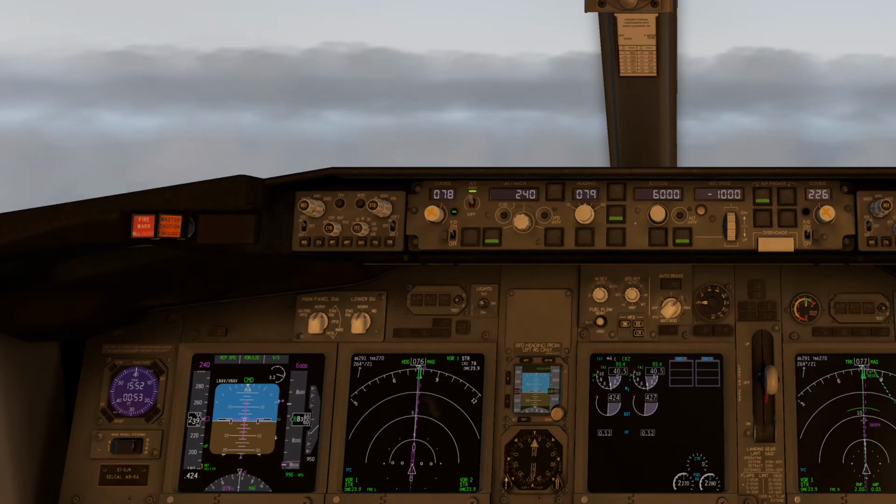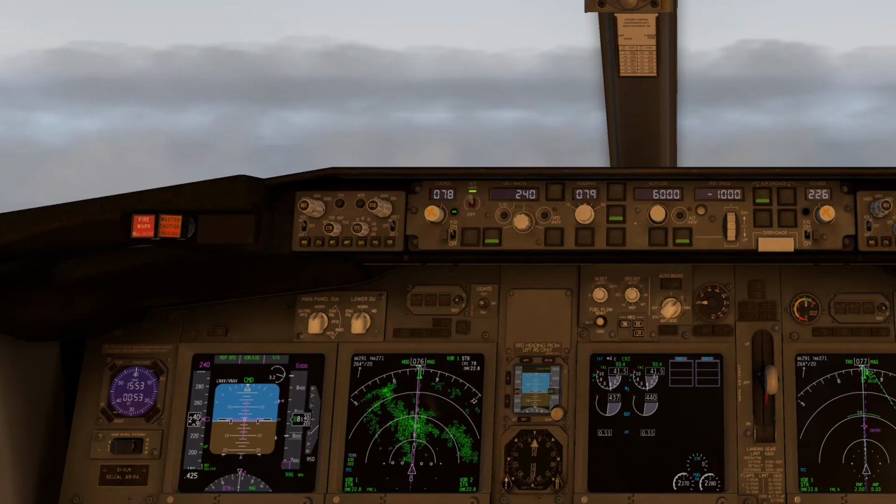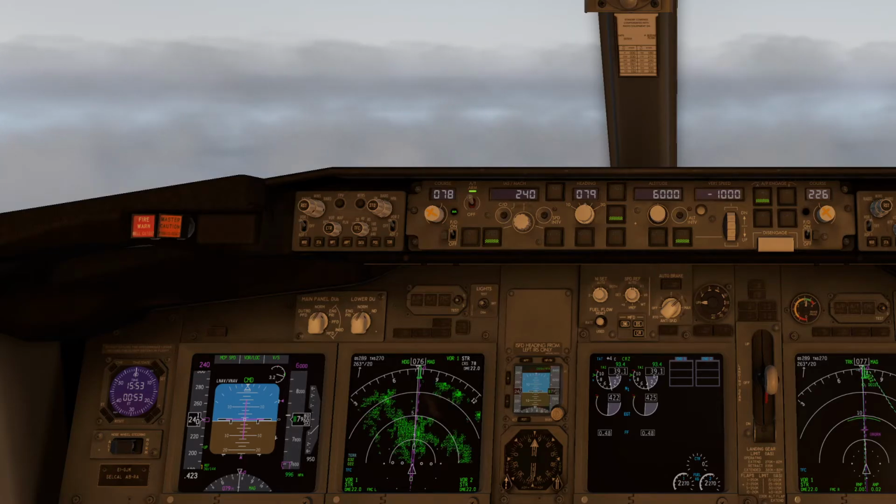Let's put some terrain information. I don't know if it is hilly or not. There are some hills. The minimum altitude is 3,200. So there is still plenty of room available.